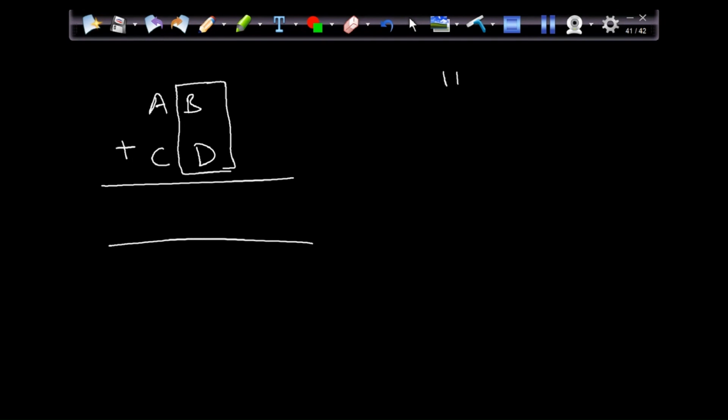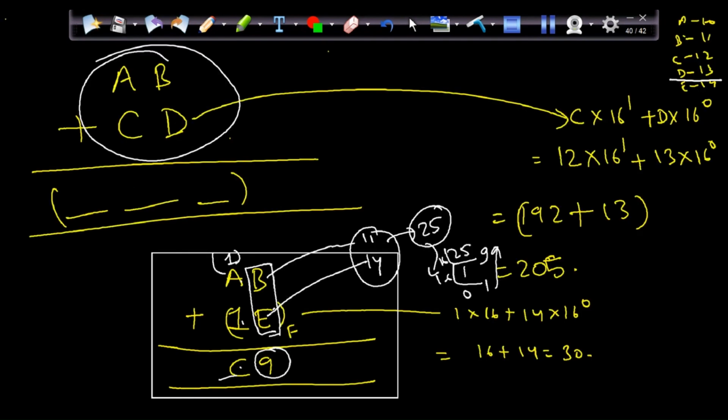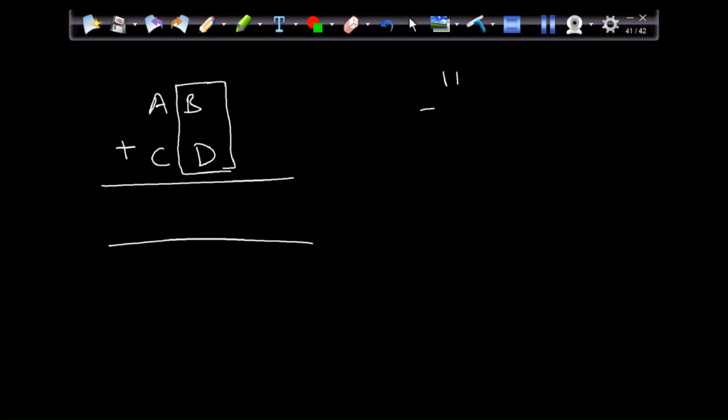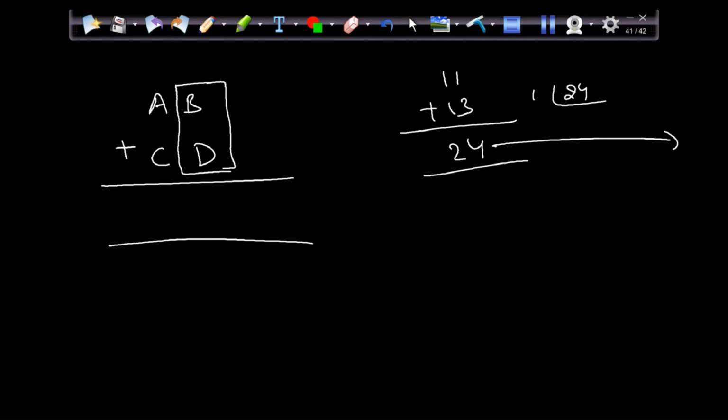B is 11 and D is 13. So 11 plus 13 is 24, which is 18 in hexadecimal. So here you will get 8, and the carry will be 1. You get a carry here.